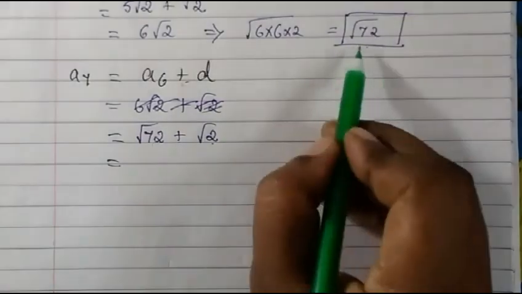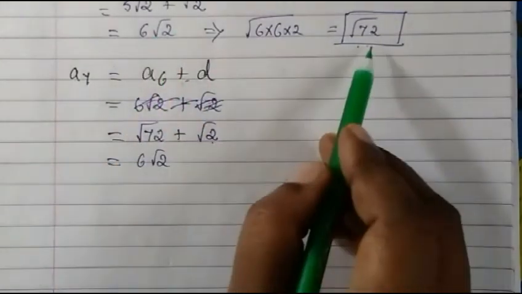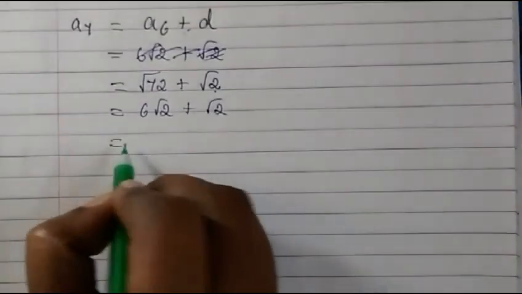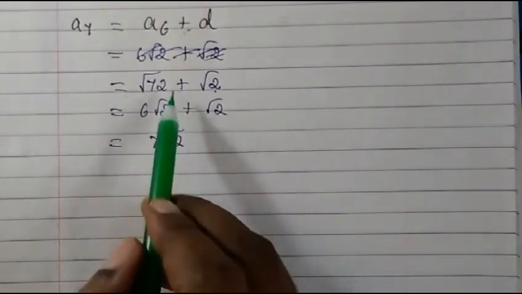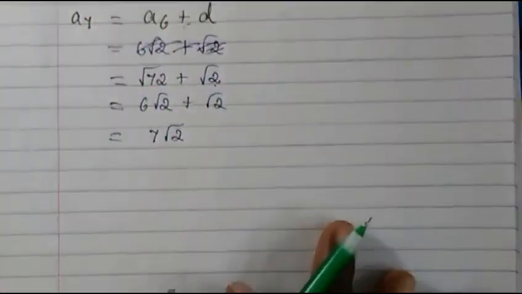Now this root 72 is 6 times root 2. So plus root 2, it gives us 7 times root 2. So better you write this only: first write down the A6 value, then write from where we have got it. Then it becomes easy for you.